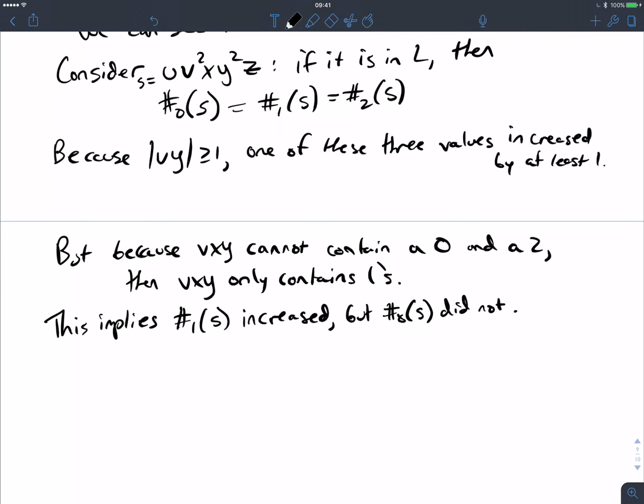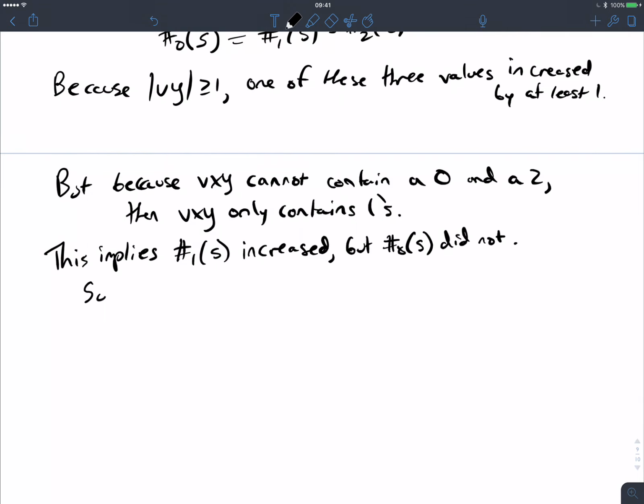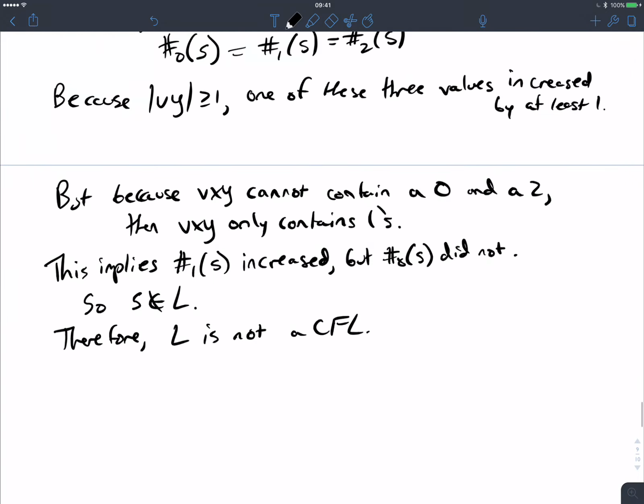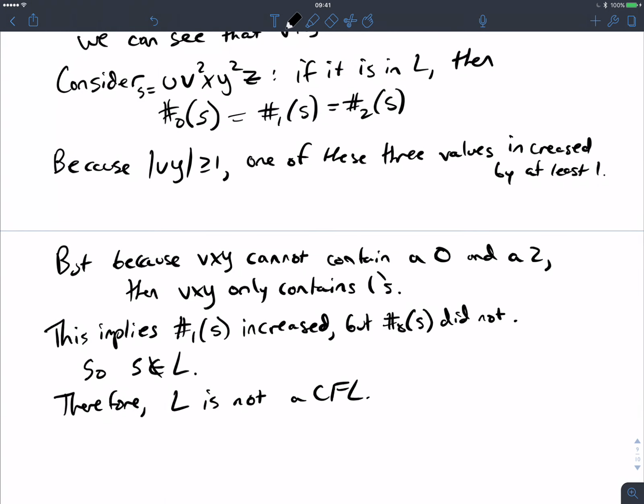What can I say about that string? There's no way it could have been in the language because you have to have the same number. So S is not in L. And therefore, what can I conclude? L is not a CFL, because we handled every decomposition.